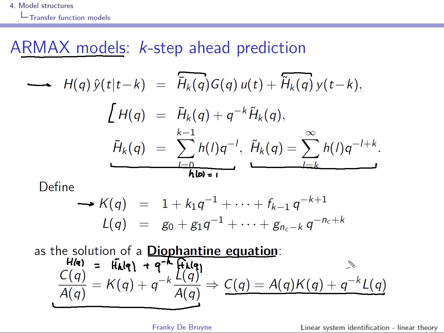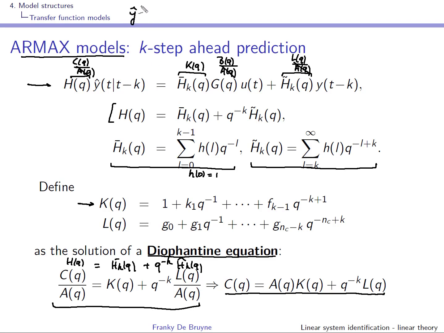So what we'll do now is plug in. So this is C(q) over A(q), right? This will be K(q), and this will be B(q) over A(q), and this will be L(q) over A(q). What we can do is cancel out the A's and rewrite things.